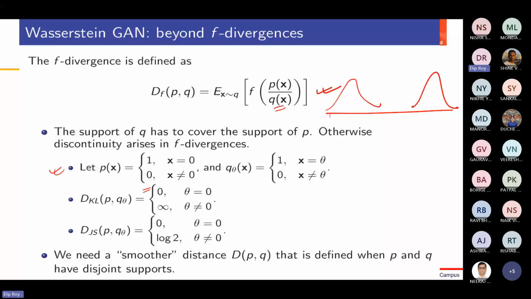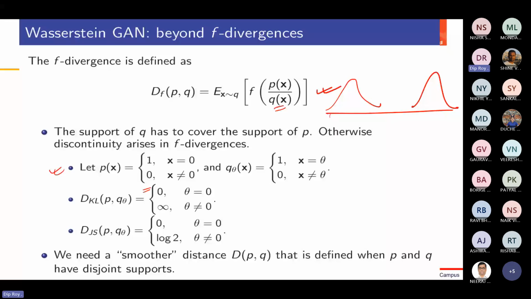And if at any point Q of X is 0, then this whole thing does not work. All right. So what we want to do here is use a distance measure which is a little bit smoother, where even though you may have disjointed support, it will not fall flat on its face in those kinds of scenarios.